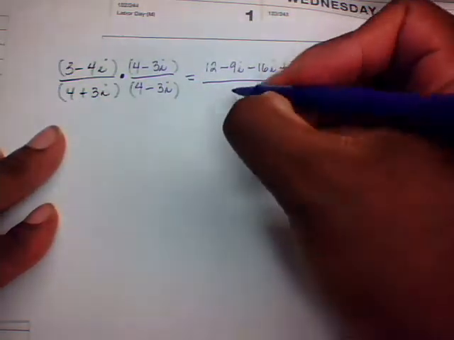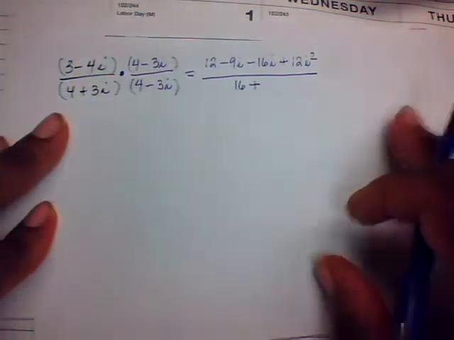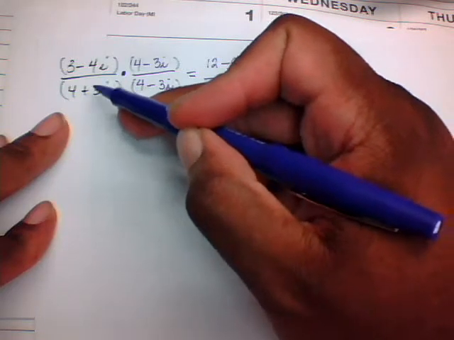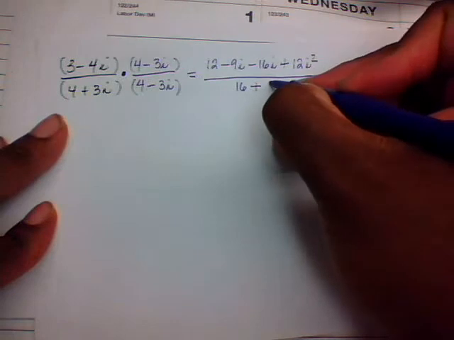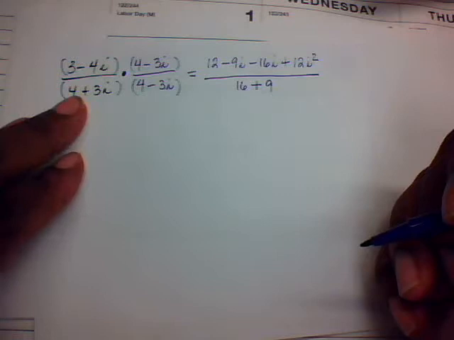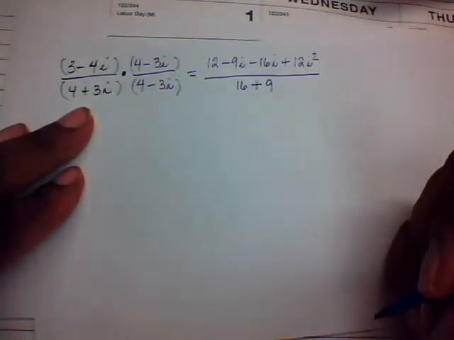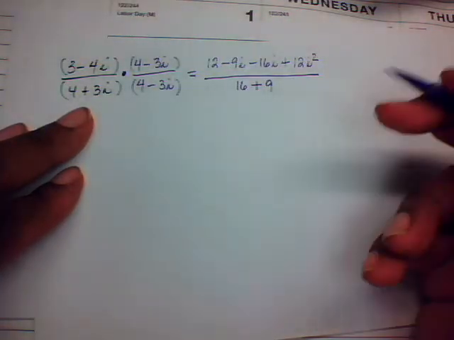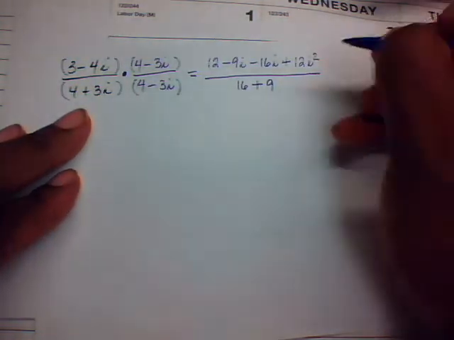So 4 squared will be 16, plus the square of the second term, or the coefficient of i, which is 3. Square that, you're going to get 9. So your denominator will be 16 plus 9. Now again, you can use the FOIL method in the denominator. You'll find out that the middle terms will cancel. And then minus 9i squared, and of course i squared is negative 1, and that'll give you a plus 9.